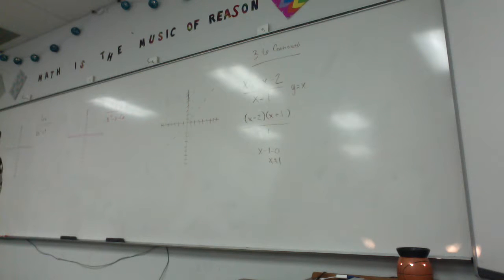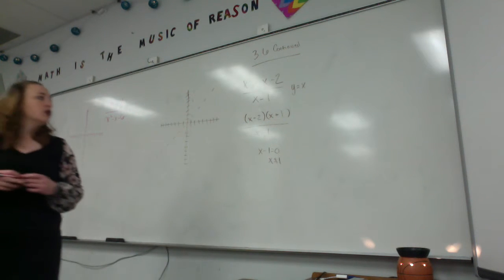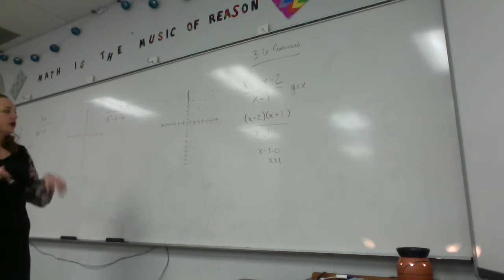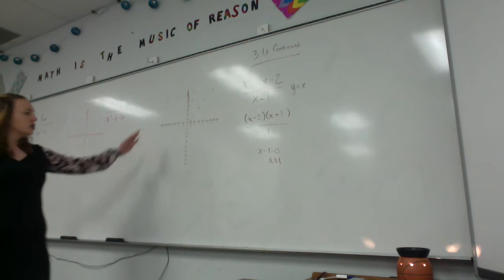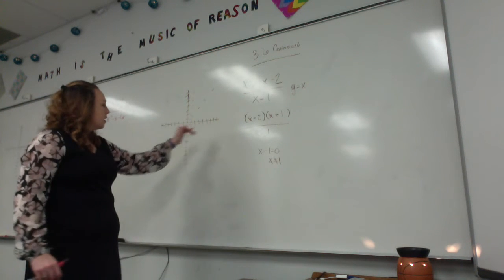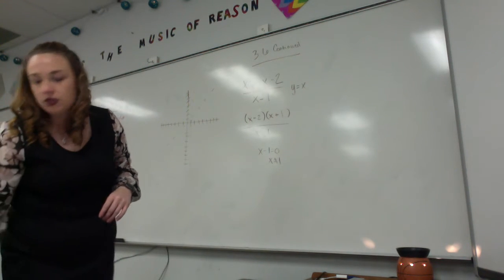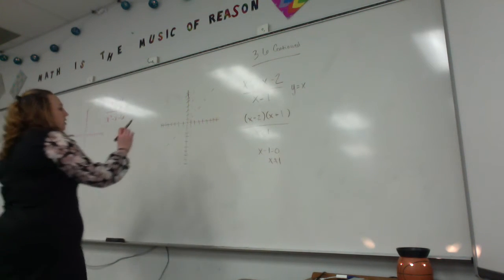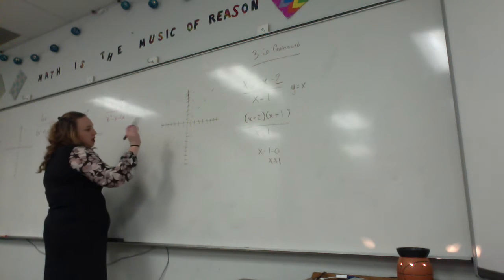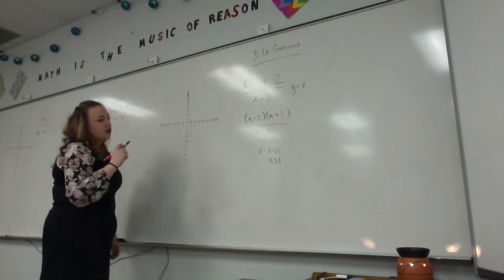Now I need to plug numbers in and graph. Plug and chug. I need to plug in numbers on this side, and I need to plug in things that are in between. So let's plug in -1, -2, and -3.